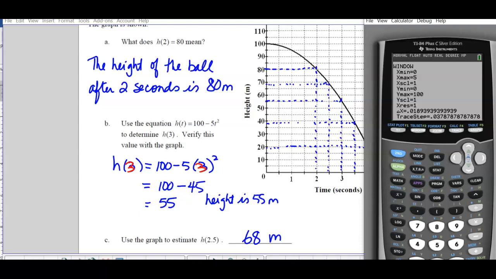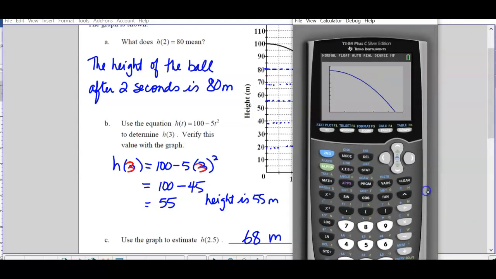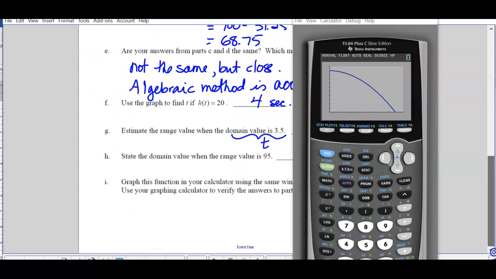Actually, it goes up to 110, so I'm going to change that to 110, gives a bit of space, and it's labeled in tens. You don't need to worry about the X resolution, anything else underneath there. And then press graph. And it'll look a little wider just because your screen is rectangular the long way. Okay. So then we've done that.